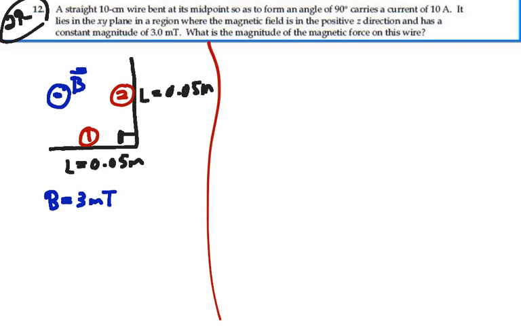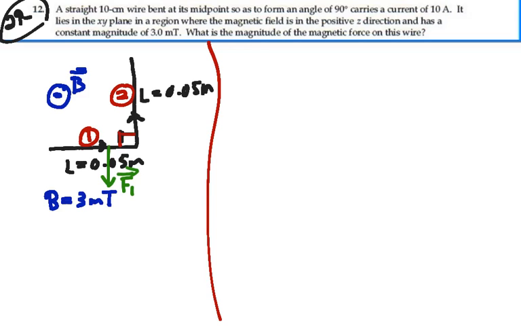And if we use the right-hand rule on these separate segments, with the current going to the right and then up here, then the force on this first segment, pointing in the direction of the current and then closing my hand in the direction of the field coming out of the page, I'll end up with a force, let's call it F1, that's going down like this.